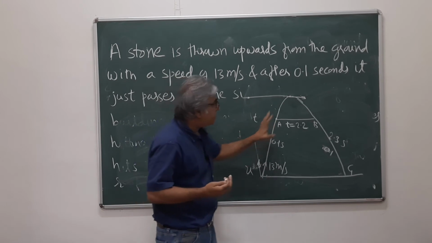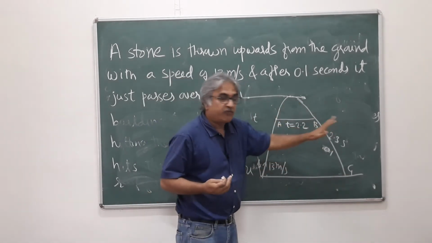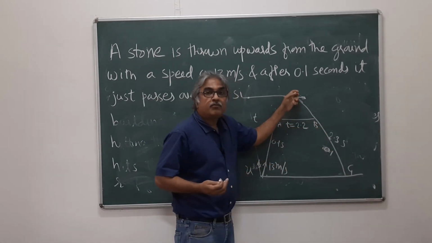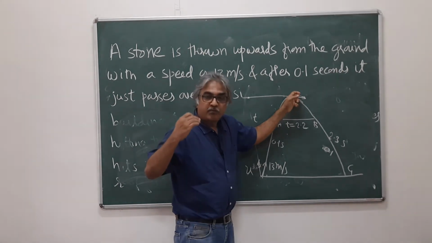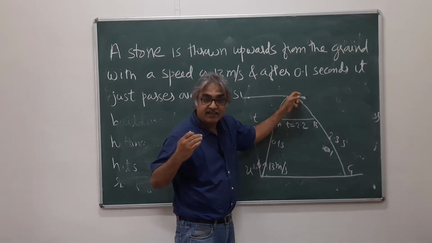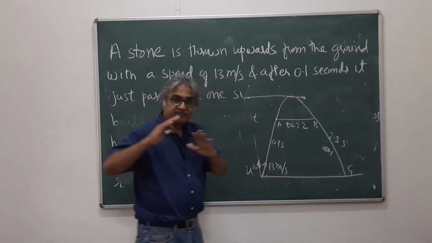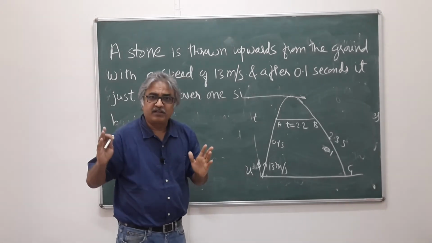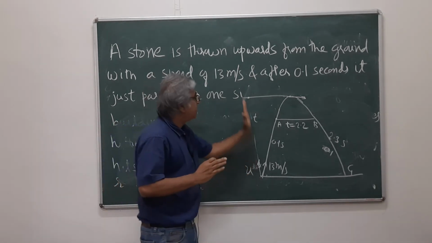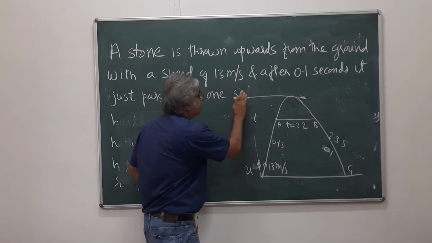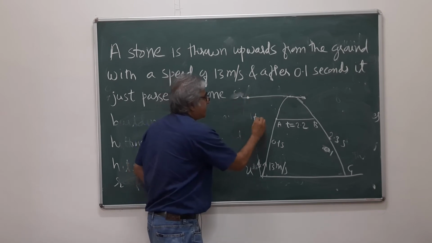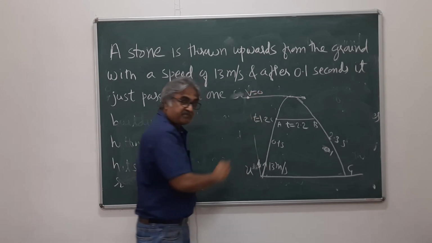This is 0.1, this is 2.3, total is 2.4. So from here to here, the projectile should take 2.4 by 2, that is 1.2 seconds, right? And we are separating vertical motion and horizontal motion, so we will consider this. Here it's reaching the top, the time is 1.2 seconds, the velocity is 0.